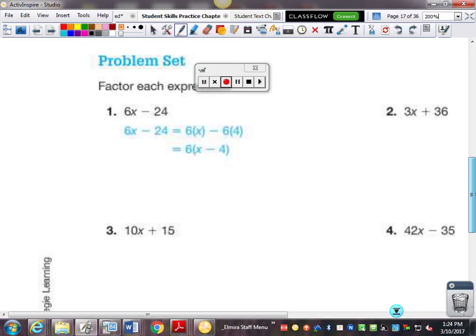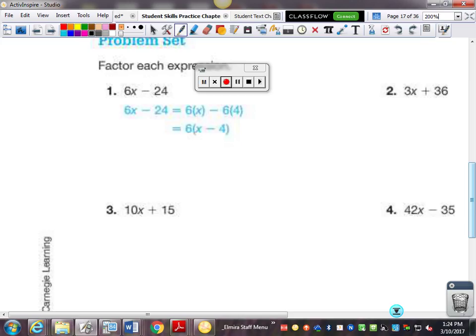If you look at the example problem, 6x minus 24 is the problem. Now they show rewriting it and then showing 6 times x and 6, like they show the reverse distributive property happening. By the way, it's not called that, it's called factoring, and I will call it factoring from here on out.